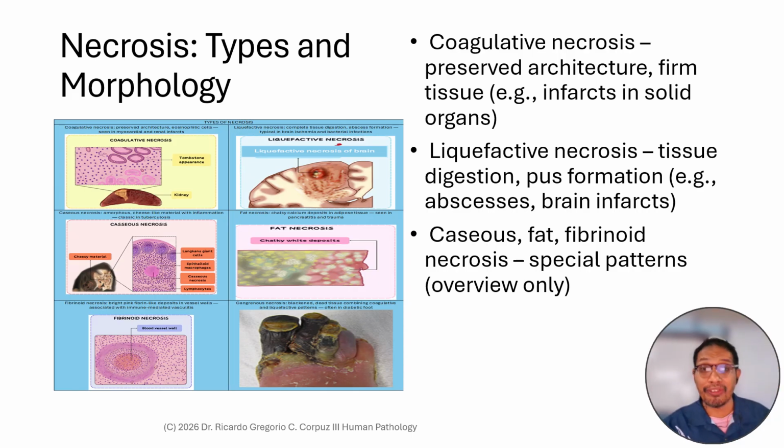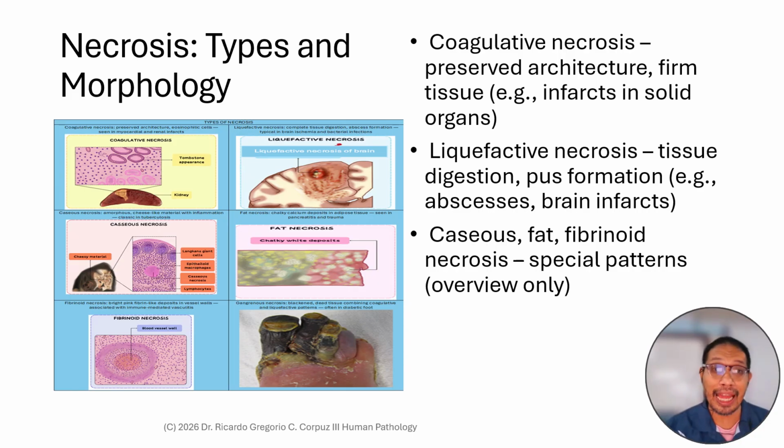This pattern is driven by the action of hydrolytic enzymes, often released by leukocytes, and it is the hallmark of bacterial infection, where neutrophils flood the area and release enzymes that liquefy the tissue, producing pus. Liquefactive necrosis is also characteristic of brain ischemia. As we told you, ischemia should be coagulative, but as an exception to the rule, the brain will be liquefactive.